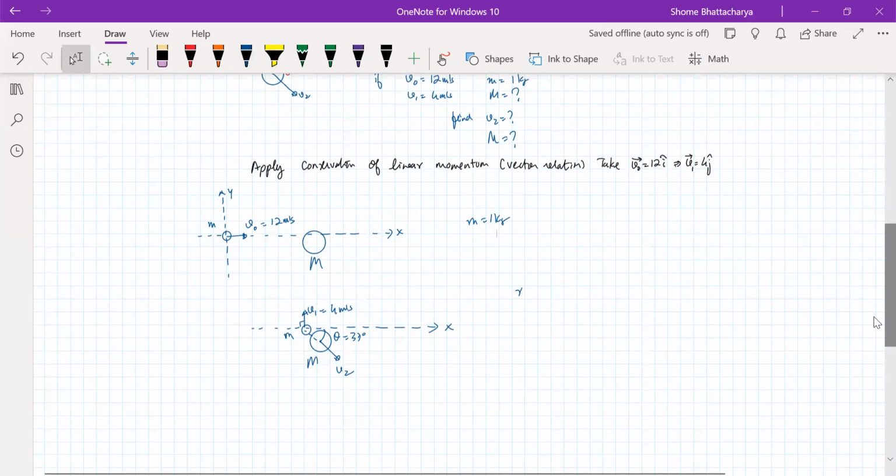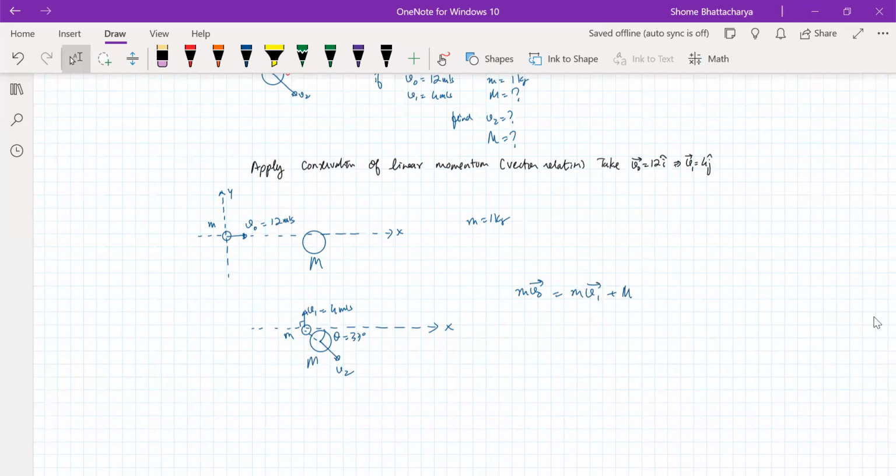So we have small m V0 is equal to small m V1 plus capital M V2.